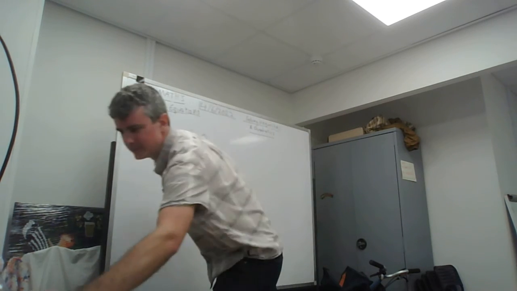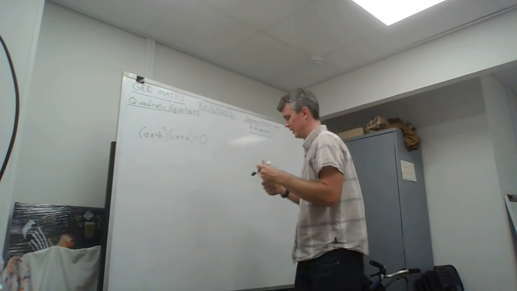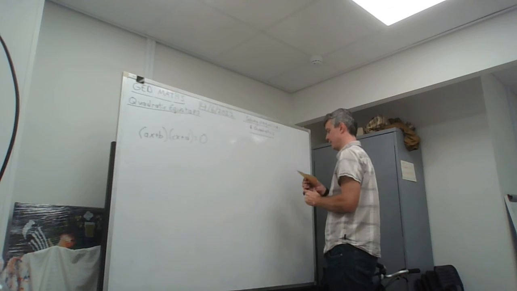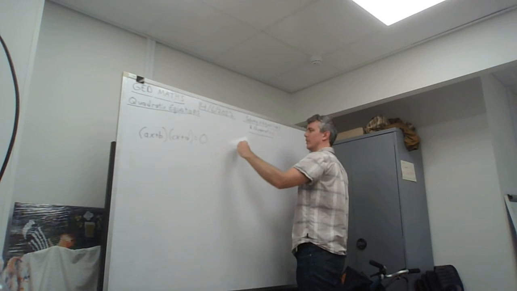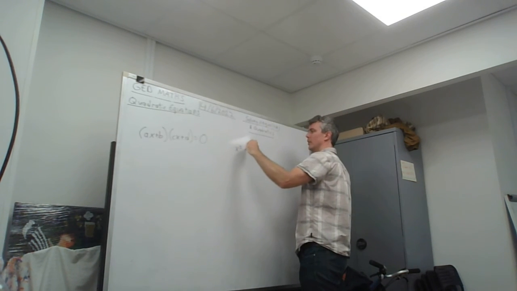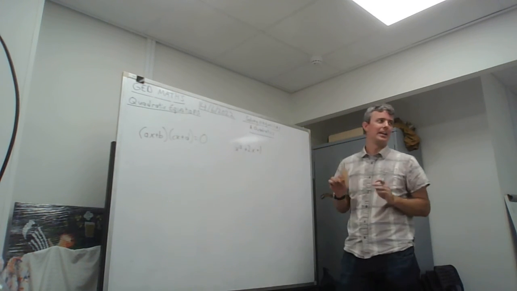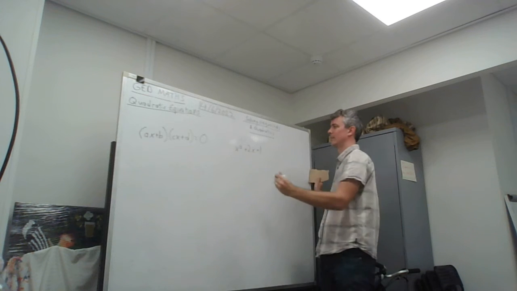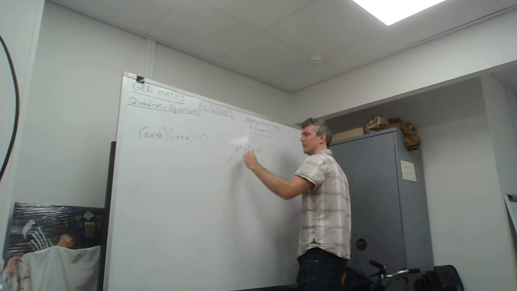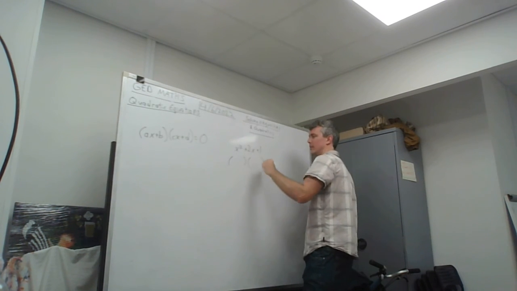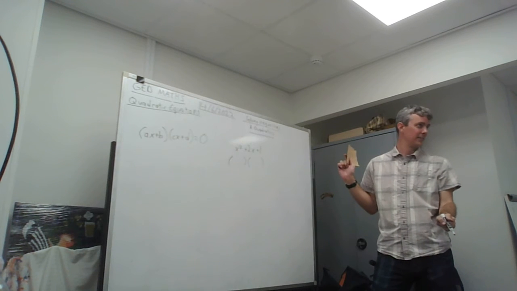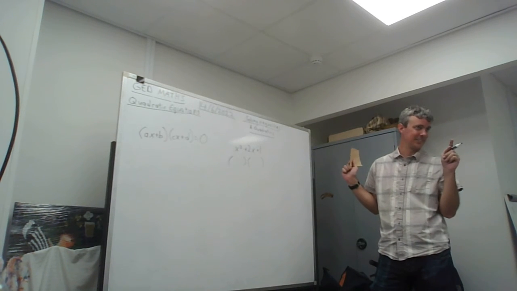So, say I have x squared plus 2x plus 1. And now I want to write it in this format. So to go backwards. This is a challenge, right?